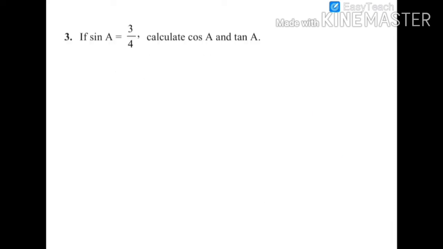Question number 3. If sin A is equal to 3 upon 4, calculate cos A and tan A. Let's draw a triangle and mark angle A. If we are given any one trigonometric ratio, we can write down all other ratios using it.